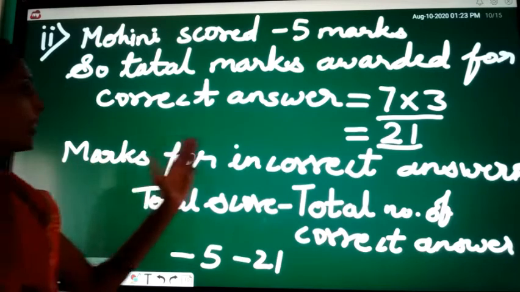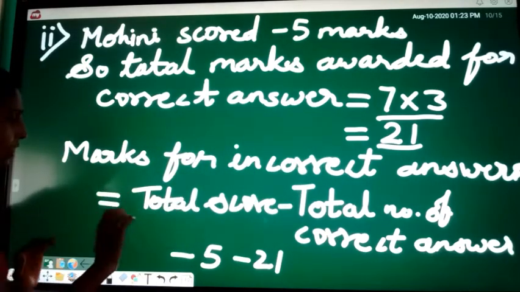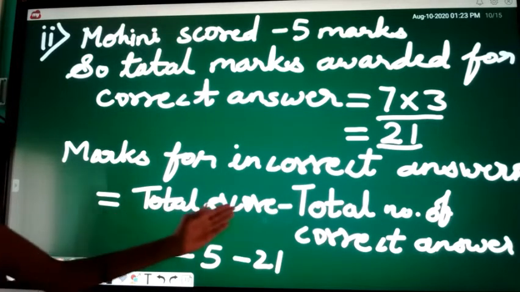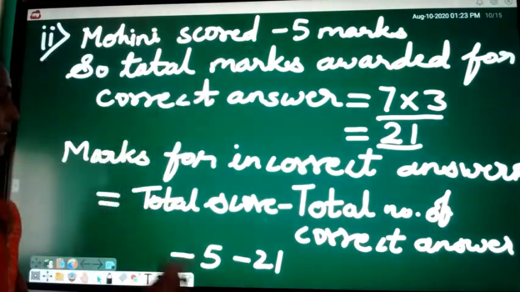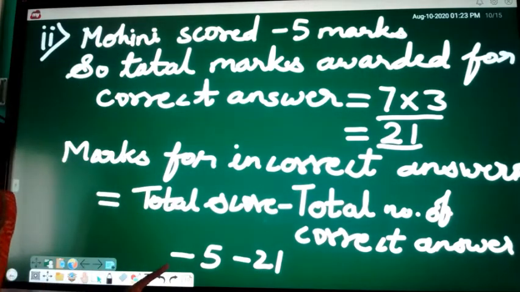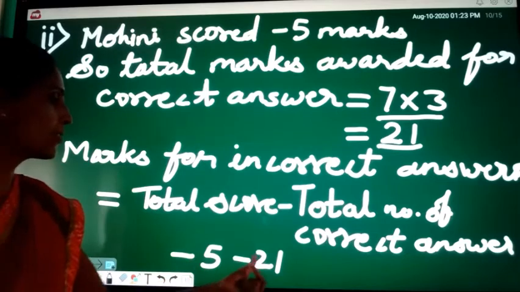Now the marks for incorrect answers. As I taught in the previous question, the marks for incorrect answers are total score minus marks for correct answers. Total score given here is minus 5 and the marks for correct answers we found is 21. So we will subtract: minus 5 minus 21.